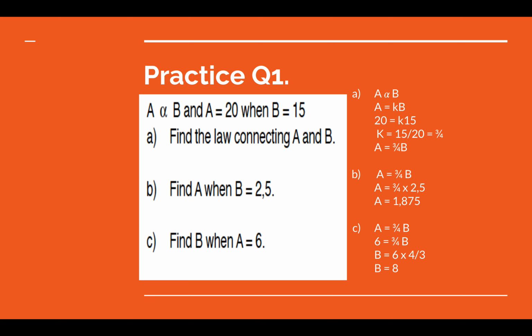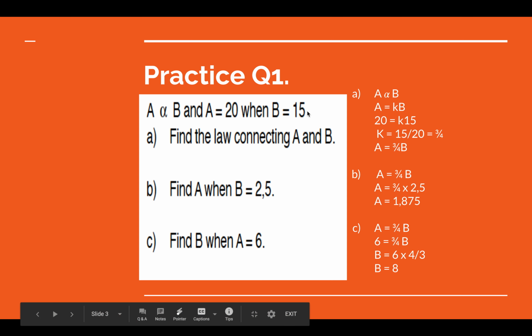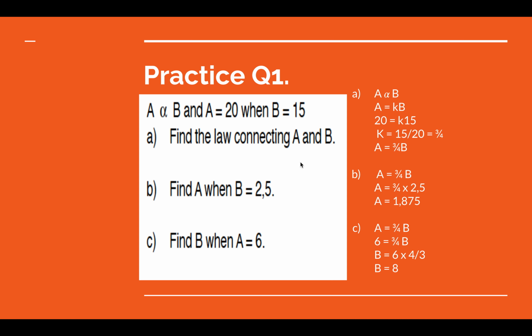Here we've got A and B, which have their relation. When A is 20, B is 15, and we are told to find the law connecting A and B. So like we said, A is increasing as B is increasing, so they have that directly proportional relationship.